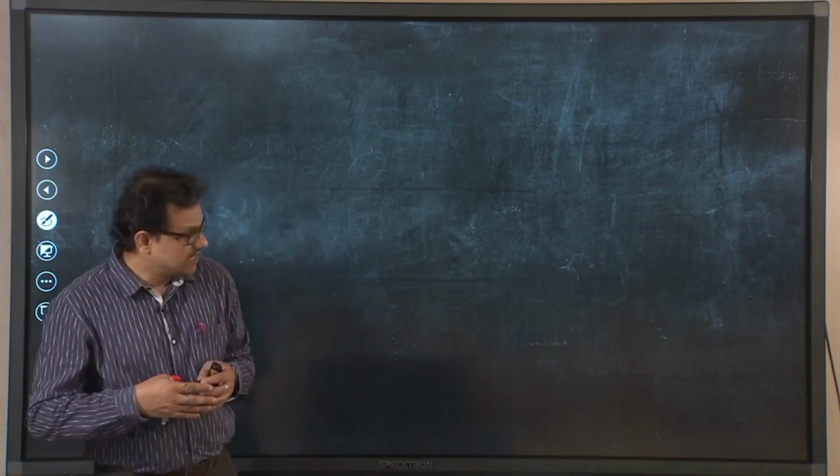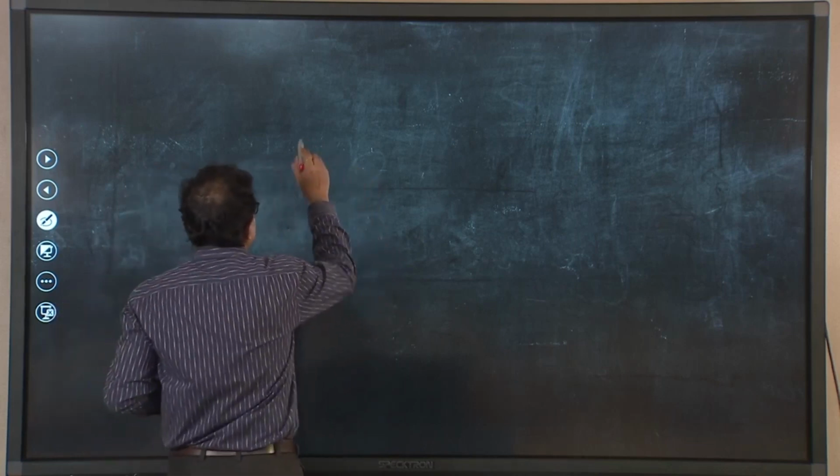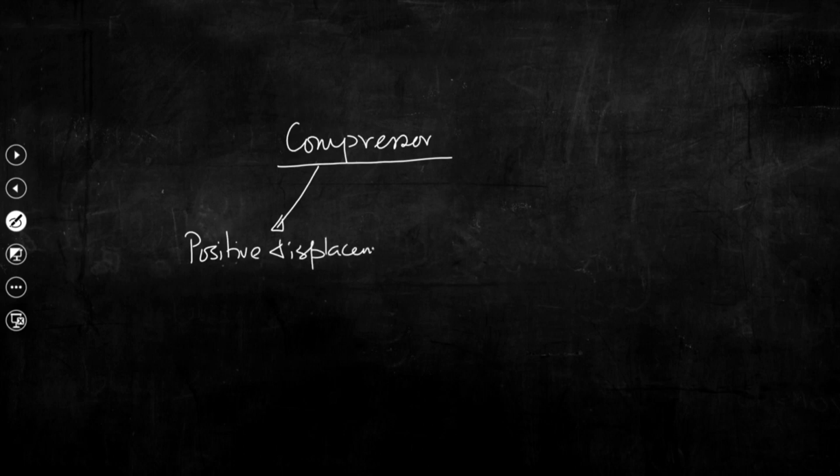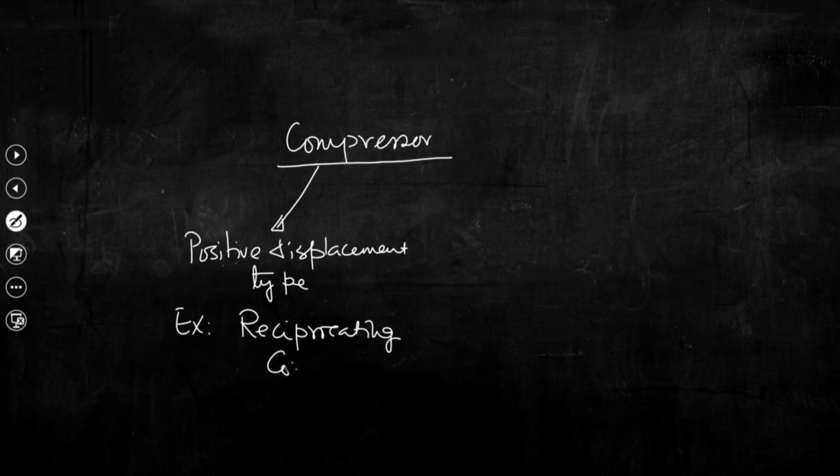So, there are basically two different types of compressor. One is the positive displacement type, an example is the reciprocating compressor.